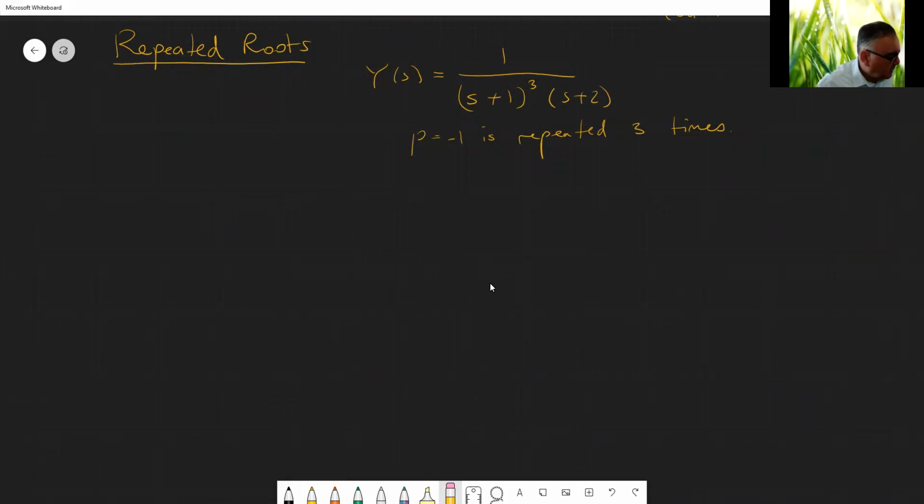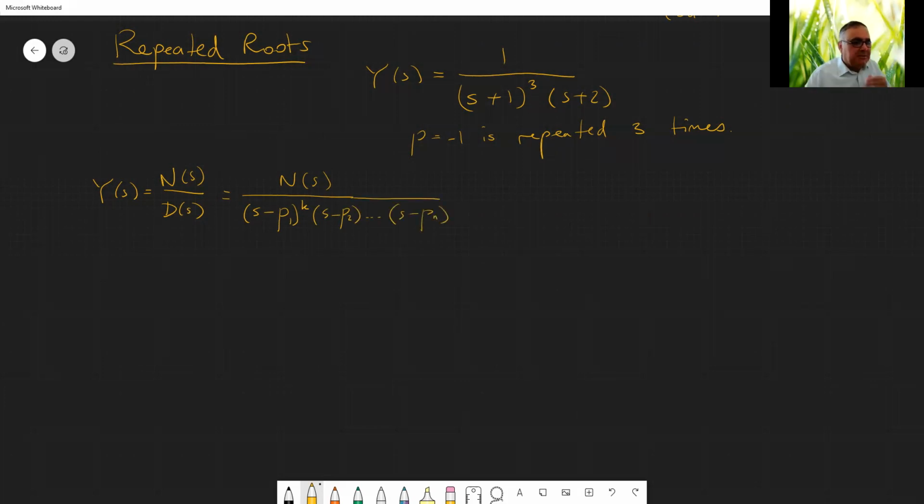Again, Y(s), which is a numerator divided by a denominator, we can write with (s minus p1) to the power k, repeated k times, and then (s minus p2), up to (s minus pn). You have different roots, but p1 is repeated k times, the others are distinct.